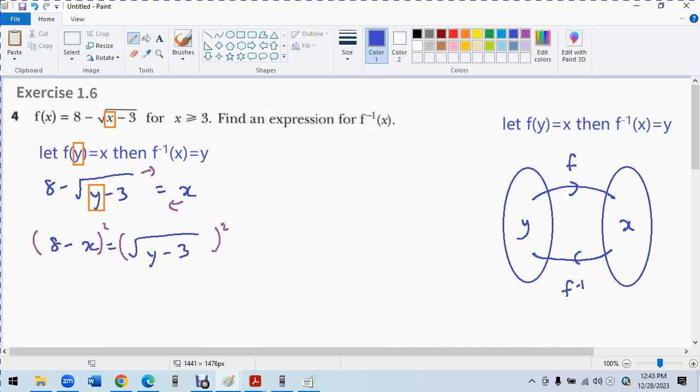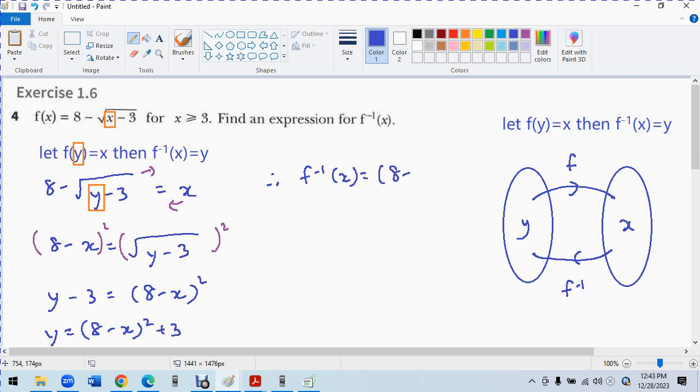Or you move the square root to the other side and it becomes square. So y minus 3 equal to (8 minus x) squared. So we have y equal to (8 minus x) squared plus 3. Therefore, f inverse of x is y, and y is this, that is (8 minus x) squared plus 3.